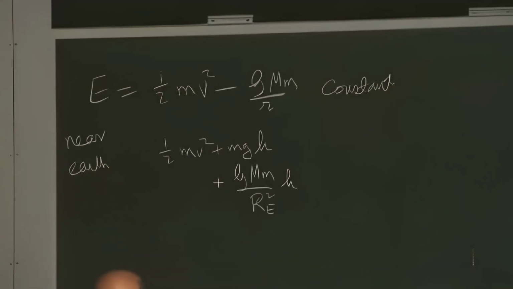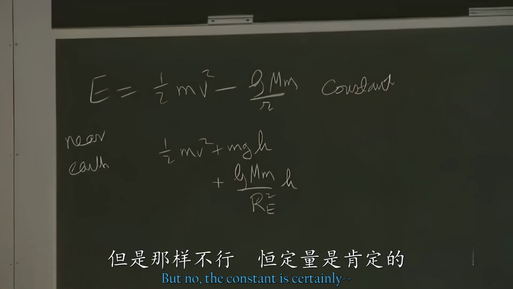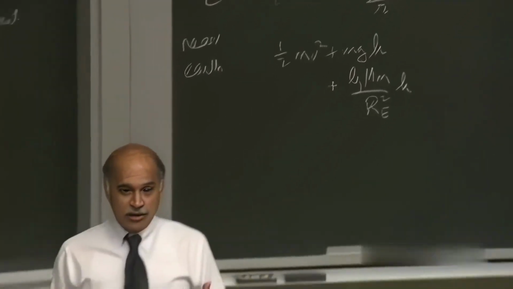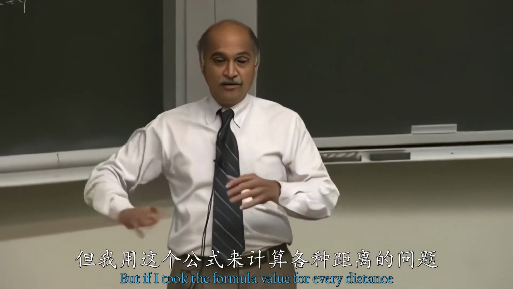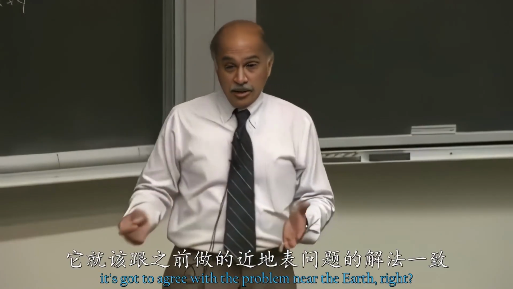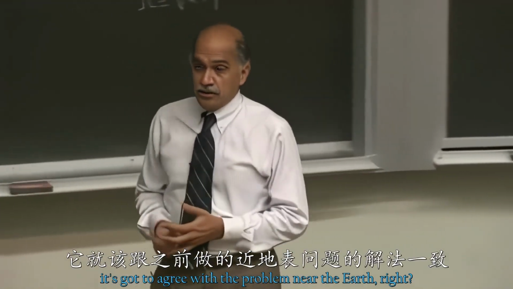Well, the difference is because the first one is for different values of force, while the second one is assuming a constant. I agree. But no, it's true that near the Earth we treat it as a constant. But if I took the formula valid for every distance, and I specialize it to the problem near the Earth, it's got to agree with the problem near the Earth, right?